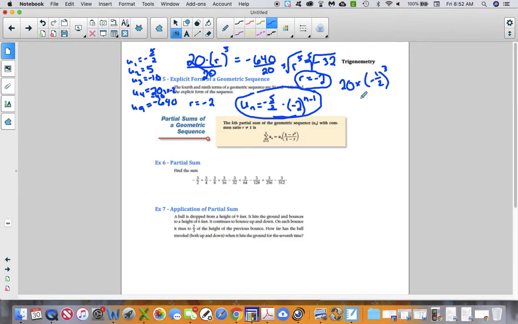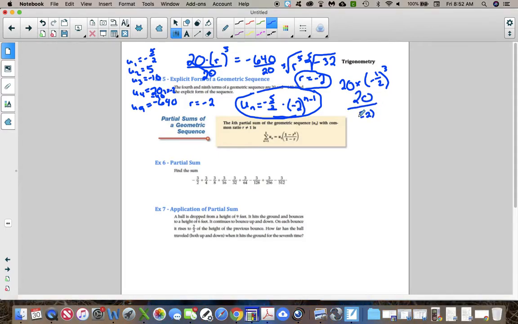Or you could do 20 divided by negative 2 cubed. That's basically what we did to go from 4 to 1. So you wouldn't have to write each of these pieces out. You could have done it that way to get back to the negative 5/2. So this is the explicit formula.